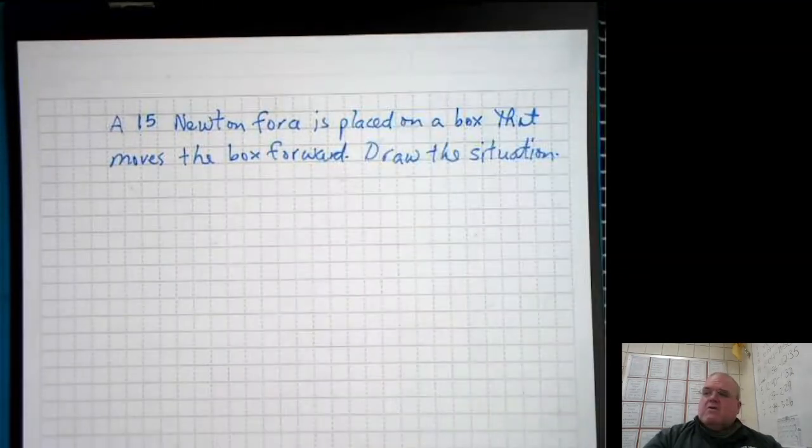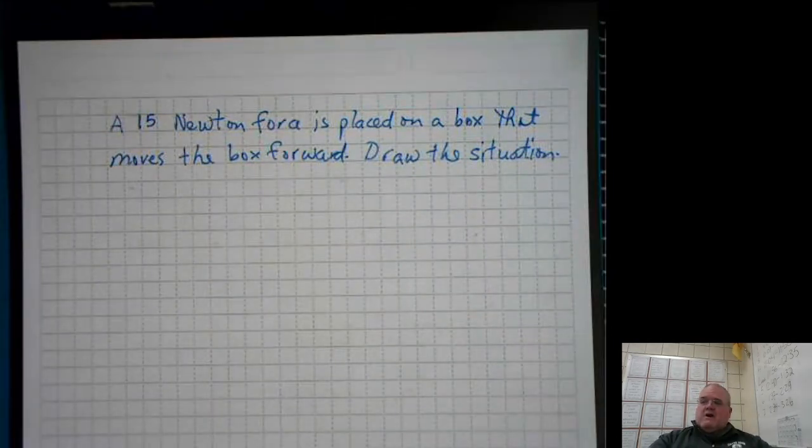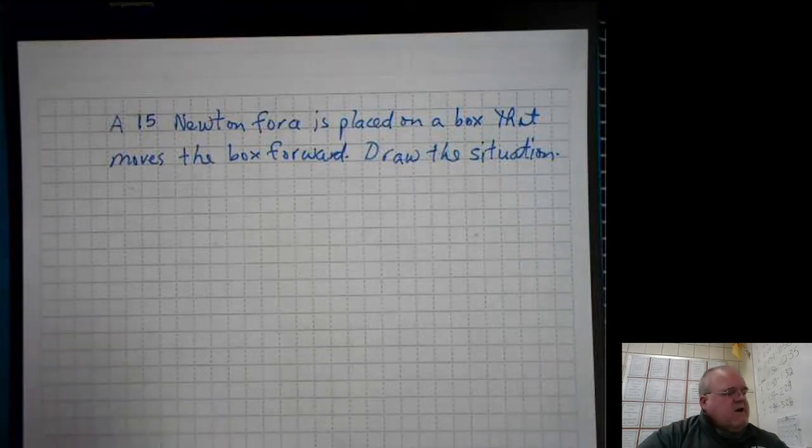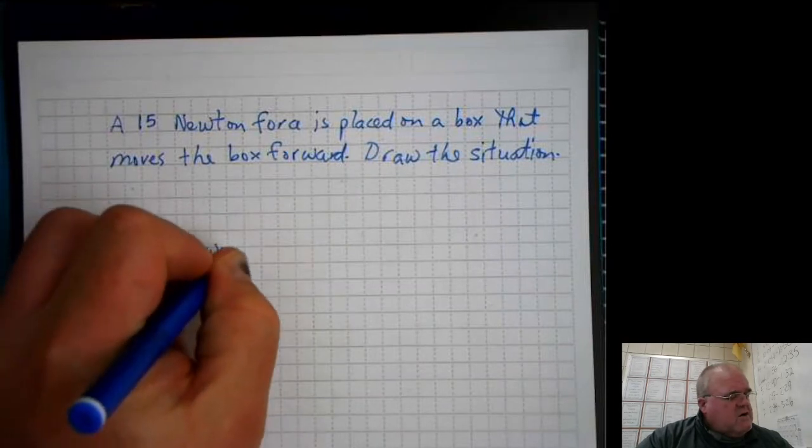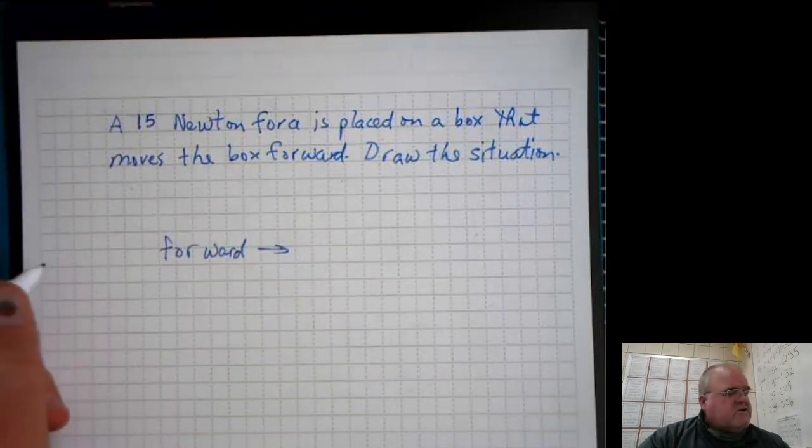All right, so when we're drawing this, we need to think about what our direction is and how we're going to show the direction. Well, the direction is forward, so we need to define what forward is. We're going to say that forward is in that direction.